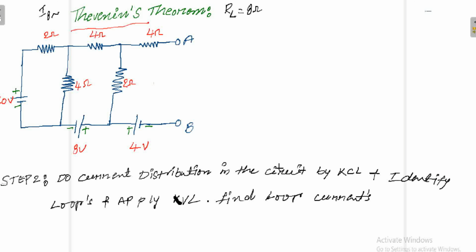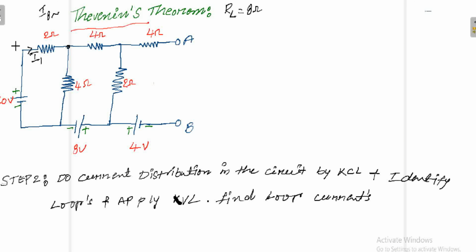I have considered the introduction to Thevenin's theorem problem to make this explanation easy. That's why I have considered that problem. So do current distribution in the circuit by KCL. Let us do some current distribution. This is your I1 current, entering this point.